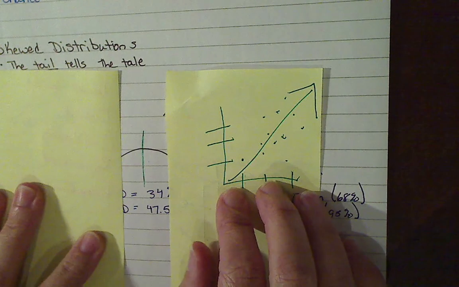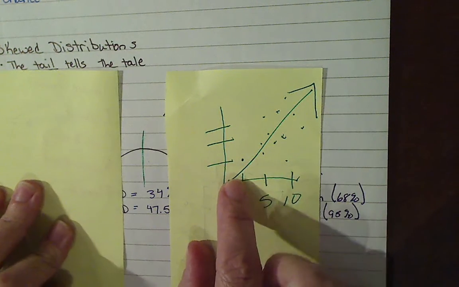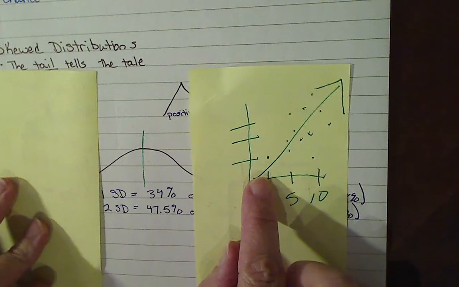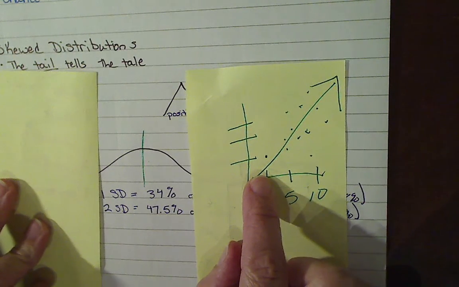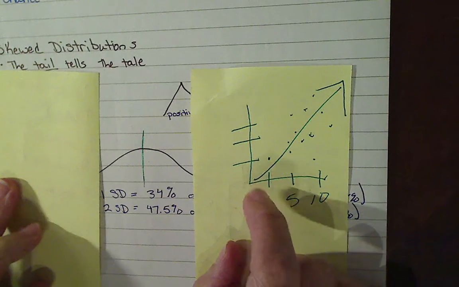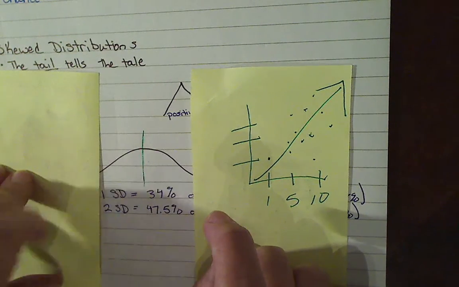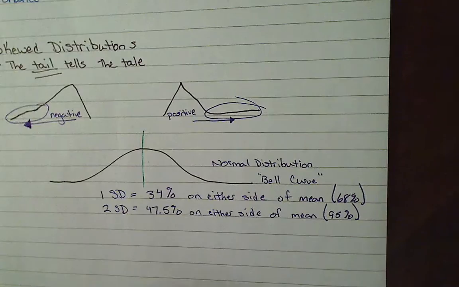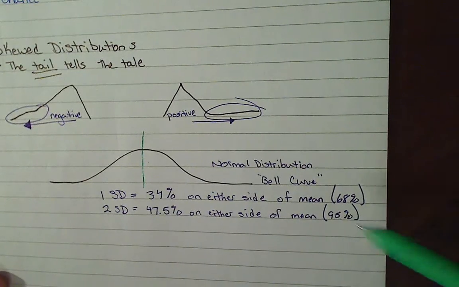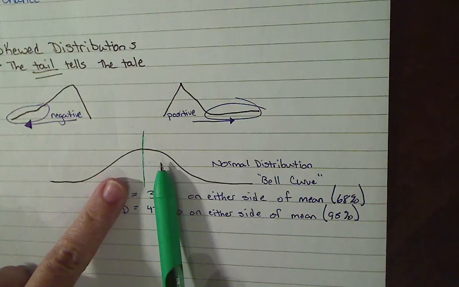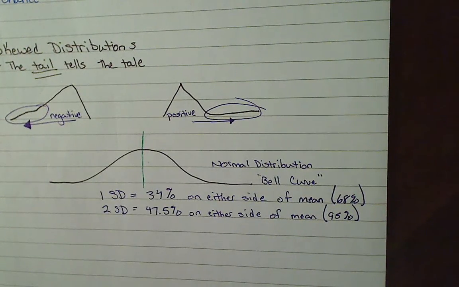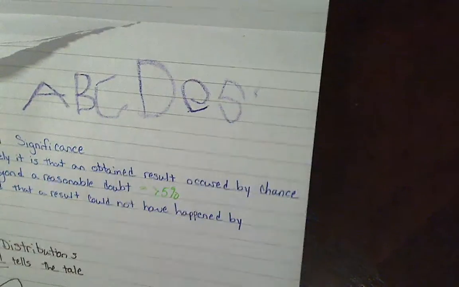If you're looking at two standard deviations, that's 95% of all of your scores in total. So 47.5% goes on one side, 47.5% goes on the other. But like I said, so long as you can remember 68 and 95 as the total amount of space from your average, you should be good with normal distribution.